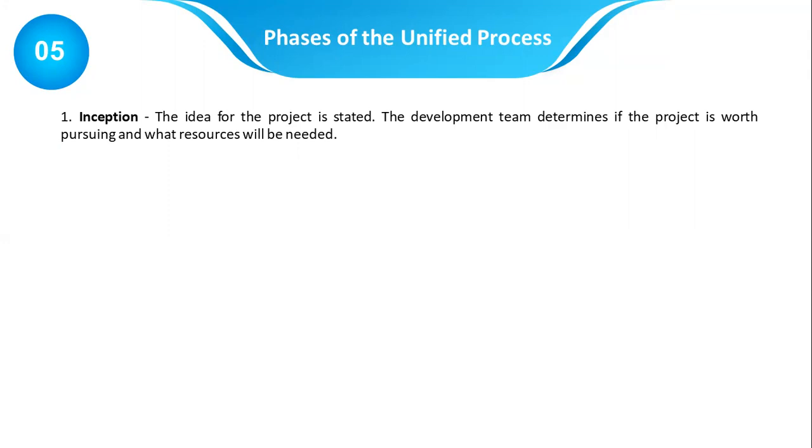Little development usually occurs during the inception phase, but the software requirements are discovered using use cases, that is communication. And a small set of these requirements, those with a high risk and which focus on the software architecture, are fleshed out with communication and planning.